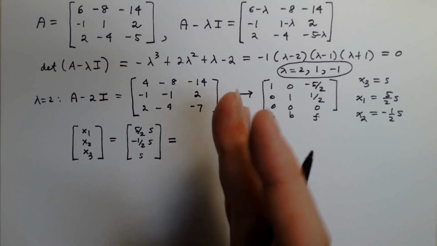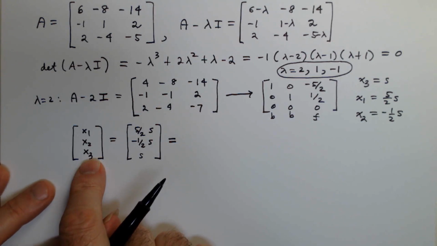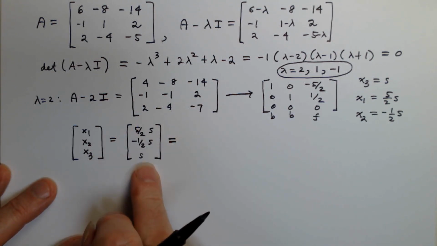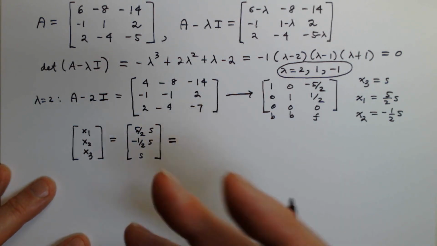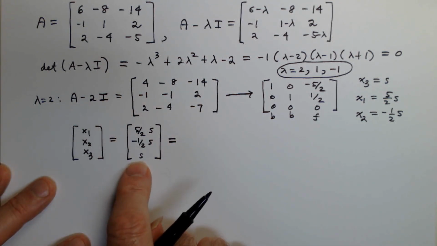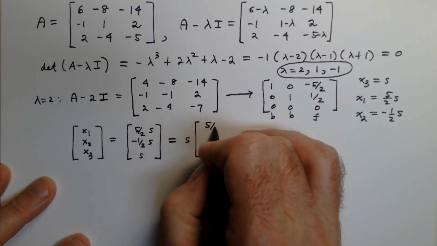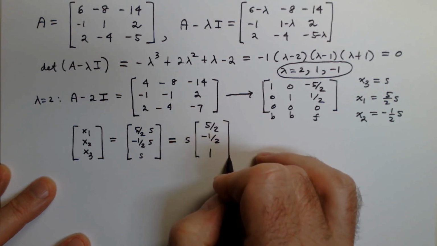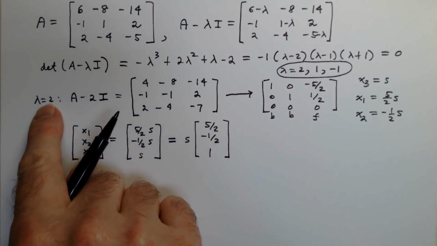Now, I'm trying to work out a basis for the null space. Obviously we only have one dimension here, so we have to find a direction vector that will specify this null space. One way to do this is just to pull s out and take the vector that remains. So we could think of this as s times 5 halves, negative 1 half, and 1. Okay, and that would form a basis vector for E sub 2.